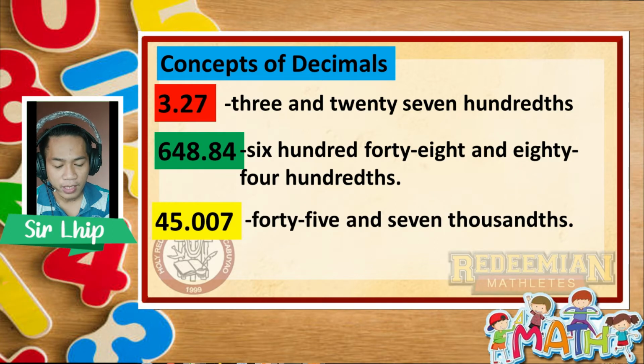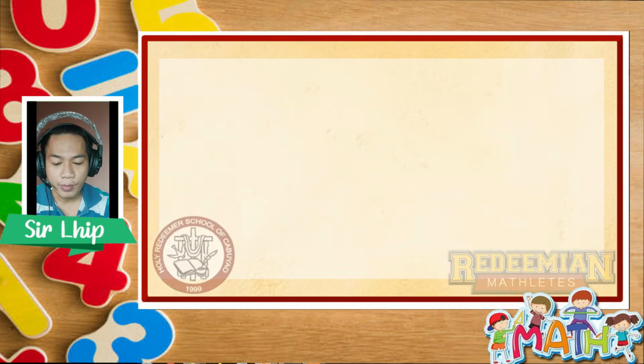To know the place value of decimals, begin at the decimal point going to the right, start at tenths, hundredths, thousandths, and so on. While the numbers on the left are the whole number. Starting at the decimal point going to the left, we have ones, tens, hundreds, and so on.